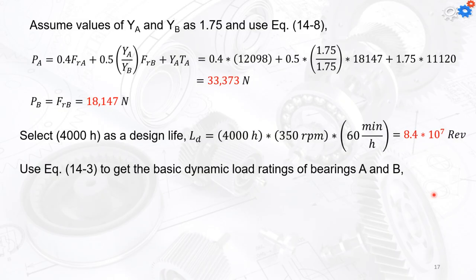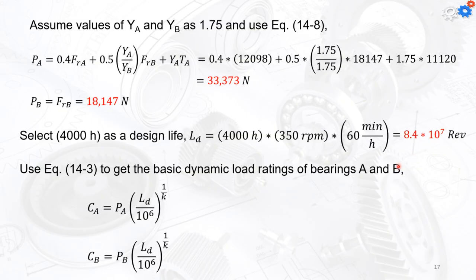So we can calculate the C for both bearings because we have the PA and the design life, and we can apply the equation directly. So the CA is going to be the PA multiplied by the life, divided by 10 to the power 6, all to the power 1 over 3.33.